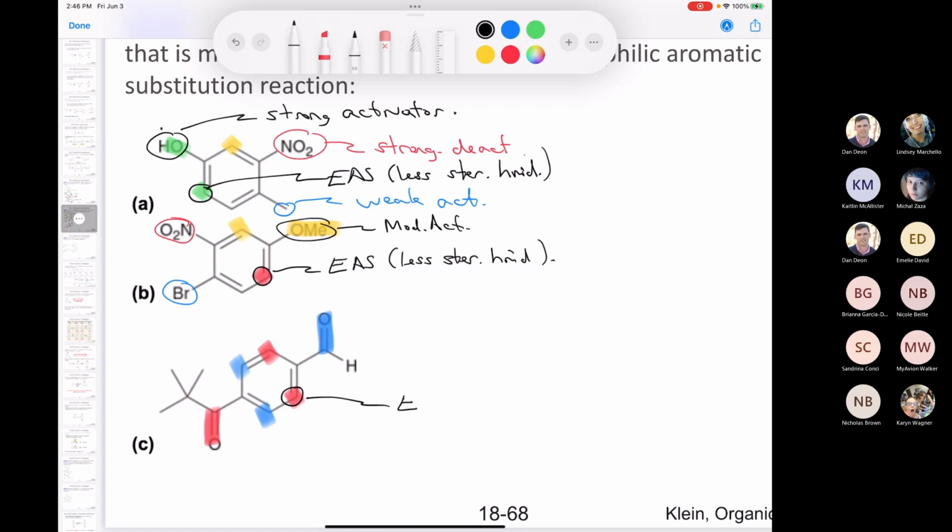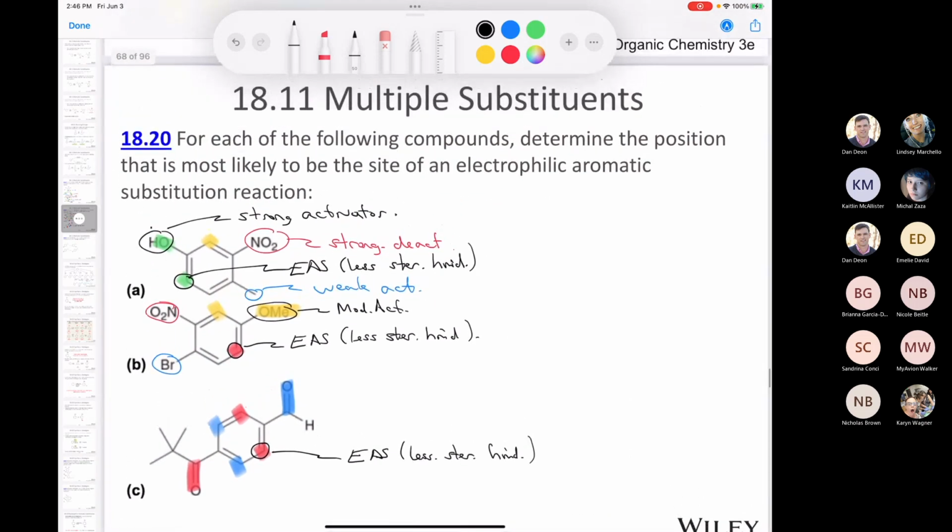And we'll say EAS, and the same thing we did the last two, less sterically hindered. That's just using a little bit of your knowledge of organic chemistry. And as Dr. Oppenheim would say, it's organic chemistry. You can always go with sterics as a guess as to the rationale.